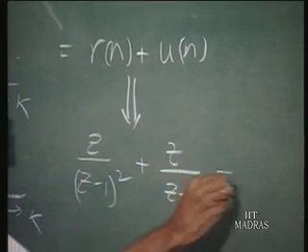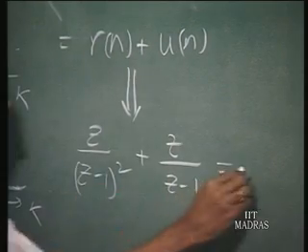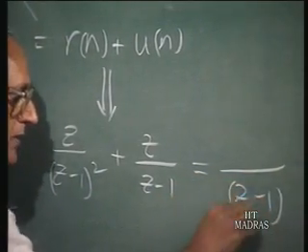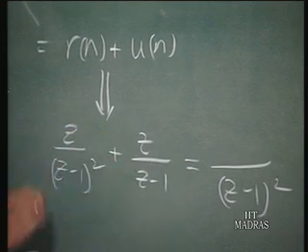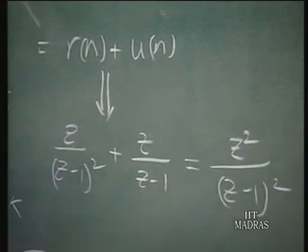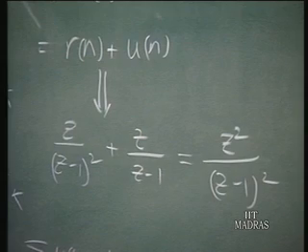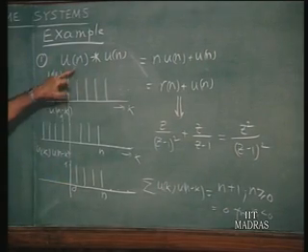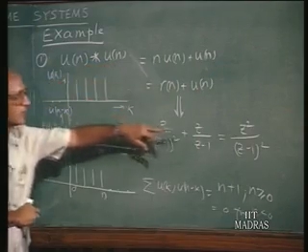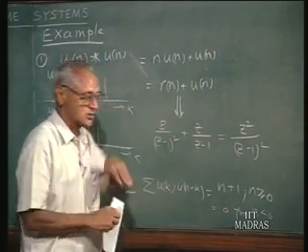With a common denominator (z minus 1) whole squared, z times (z minus 1) plus z is z squared minus z plus z, that is z squared upon (z minus 1) whole squared. So by working purely in the discrete time domain, you obtain the Z transform of u(n) convolved with u(n) as z squared upon (z minus 1) whole squared.